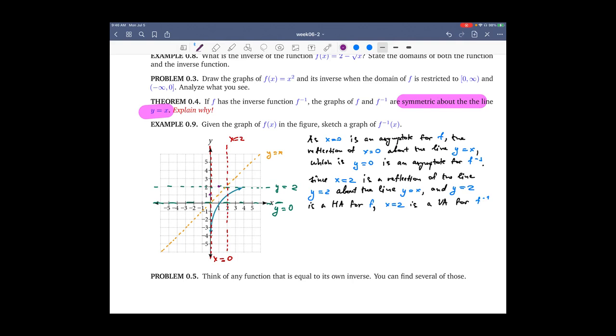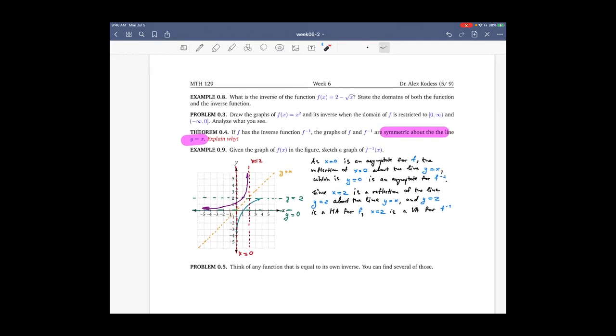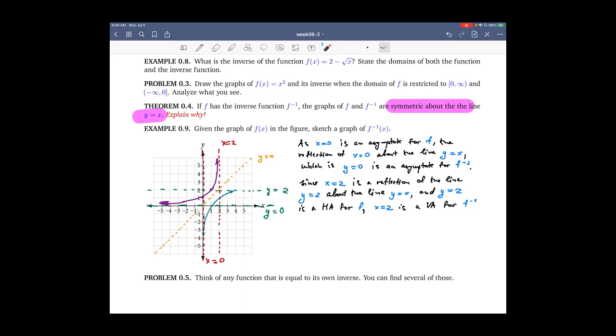So the graph of f inverse will look like this. And you can see the graph of f inverse does look symmetric to the graph of f about the line y equals x.